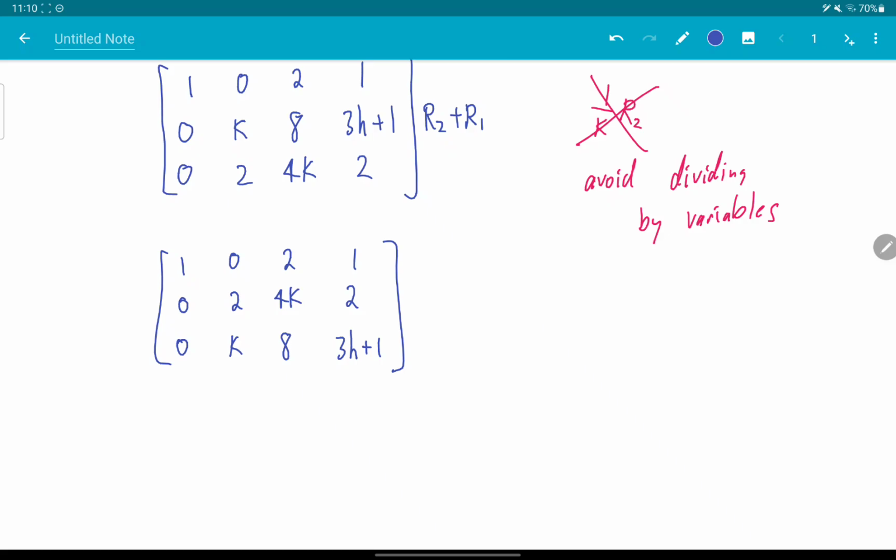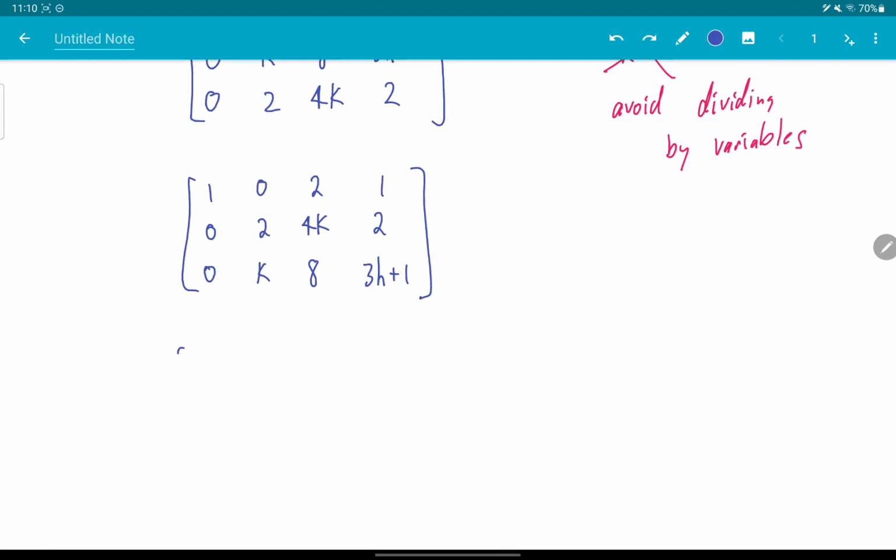And then I say, okay, this will be straightforward. Now I can divide this second row by 2. Okay, 1. Okay, that'll make my life a little bit easier here.